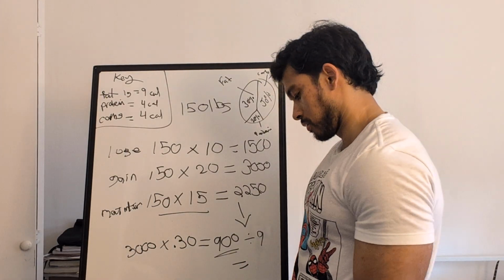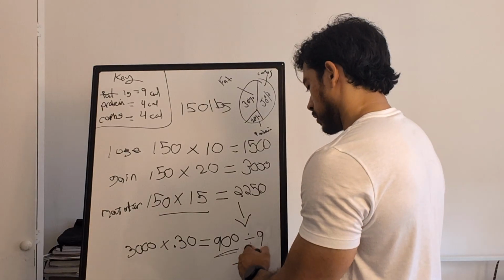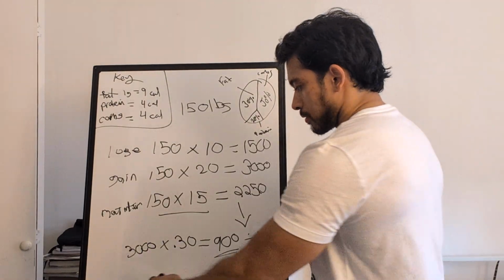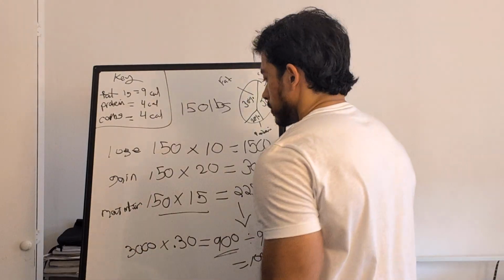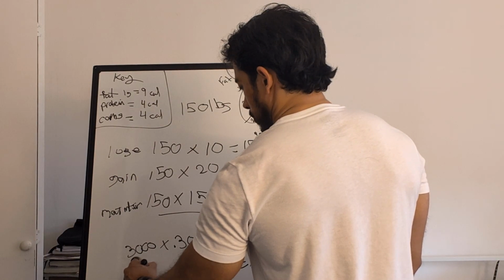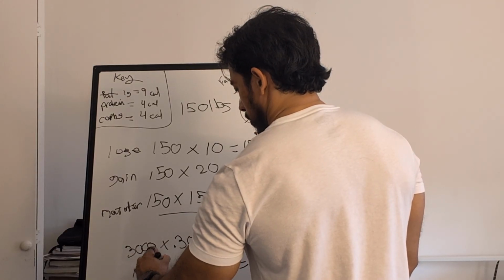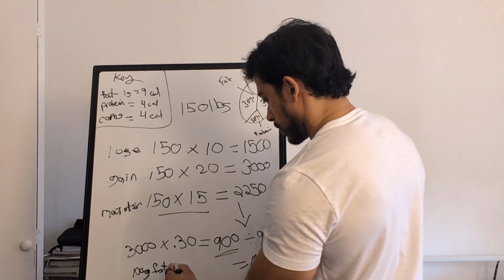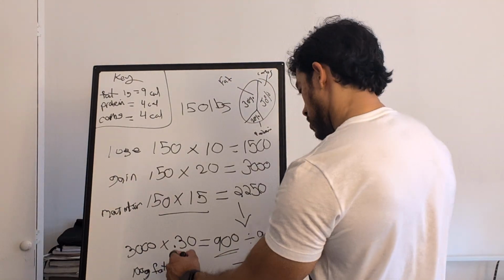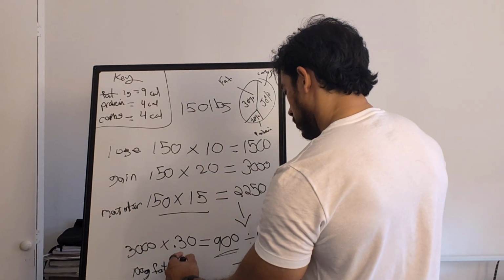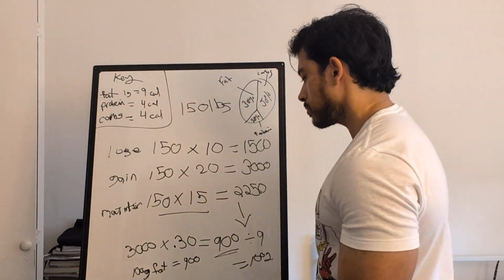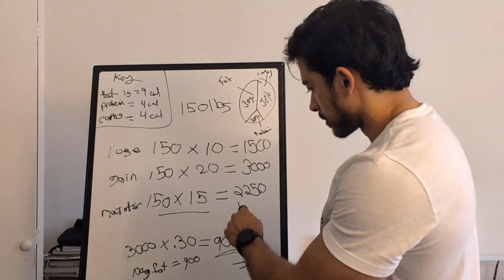So now we got 100 grams of fat. 100 grams of fat equals 900 calories. Boom.